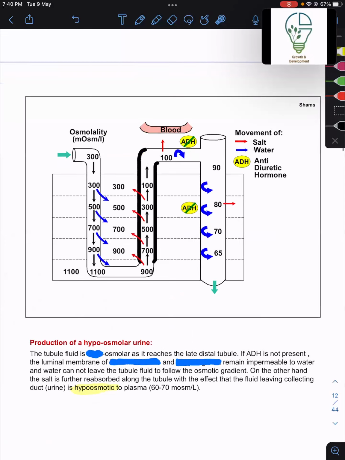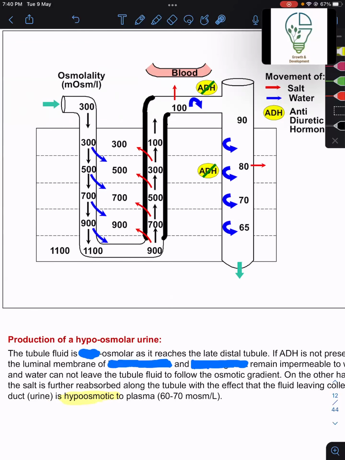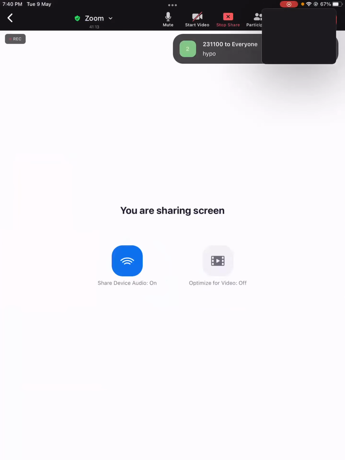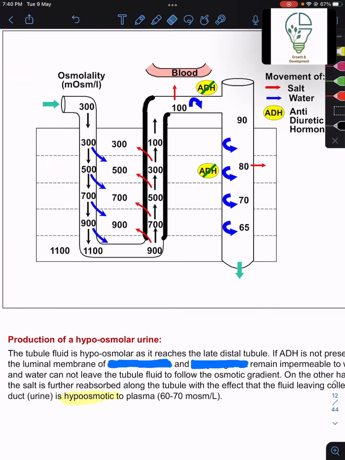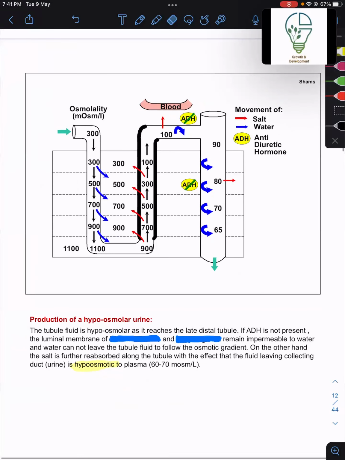Okay, so the first question, the tubule is blank as it reaches the late distal tubule. Okay, so is it hyperosmolar or hypoosmolar as it reaches this part over here? Hypo, good. Okay, if ADH is not present, the luminal membrane of blank and blank remain impermeable to water. So what are the two parts that ADH acts on?